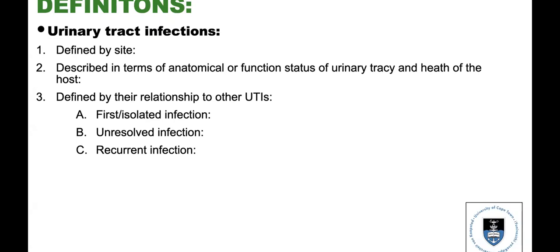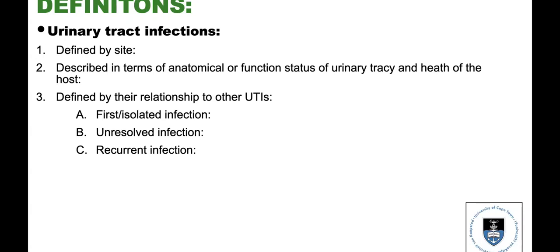Unresolved infections are infections that are not responding to antimicrobial treatment, and we find the same organism persistently growing in the urine MCNS. Recurrent infections occur after documented successful treatment of the UTI. There can be reinfections with a new event, a new bacteria that infects the urinary tract. They can be bacterial persistence.